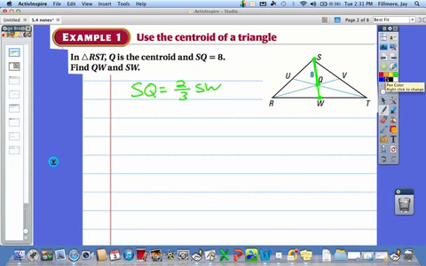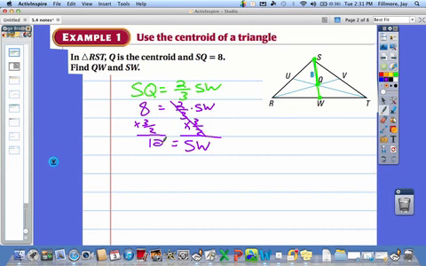We can use this setup to solve for our missing piece because we know SQ is 8, so we'll use our substitution property. If we want to solve for SW, to get rid of this 2/3 we're multiplying by, you can divide both sides by 2/3, or more appropriately, multiply by the reciprocal, so times 3/2. So these cancel, and 8 times 3/2 will give us a value of 12.